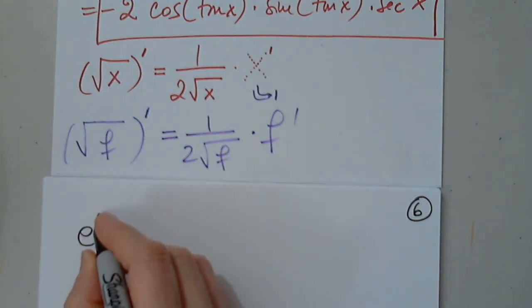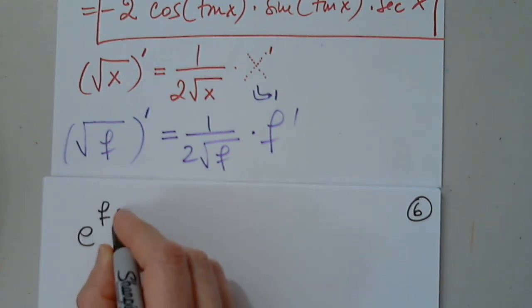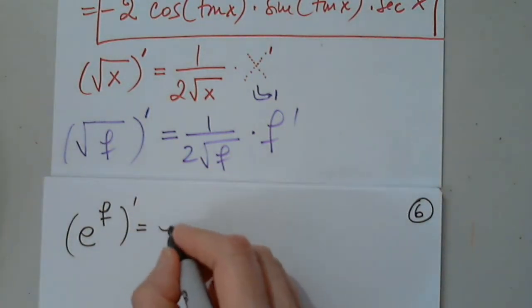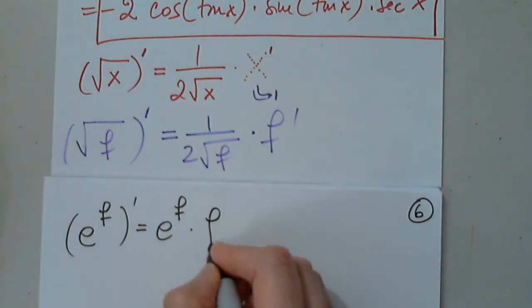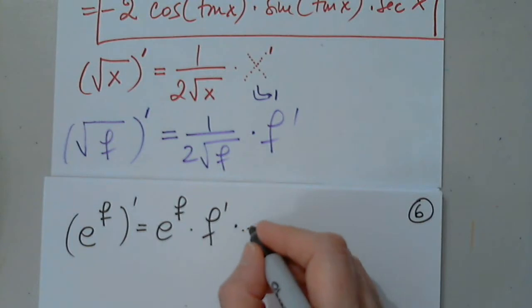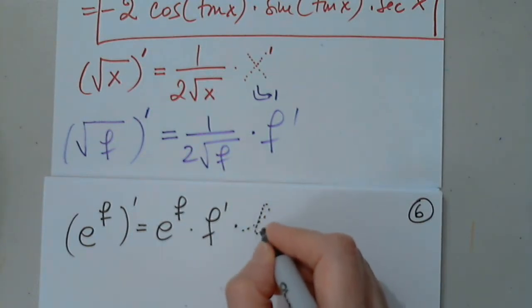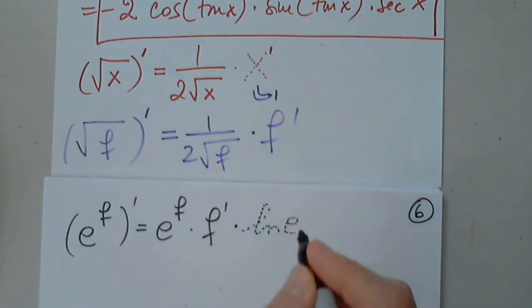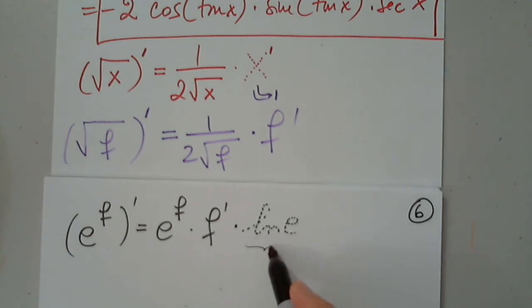So when we differentiated e to the function, we got e to the function times the function prime, and I should have also mentioned that we should put in natural log e. Why don't I? Because natural log e equals 1.